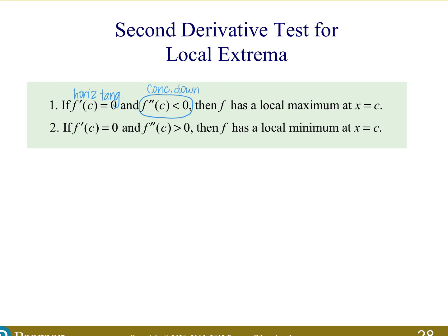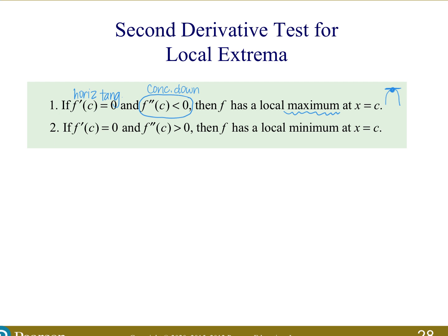So sometimes I encourage students to draw it. Draw a horizontal tangent and draw concave down. It should be clear that that is a maximum point sitting at the top of the vertex there.